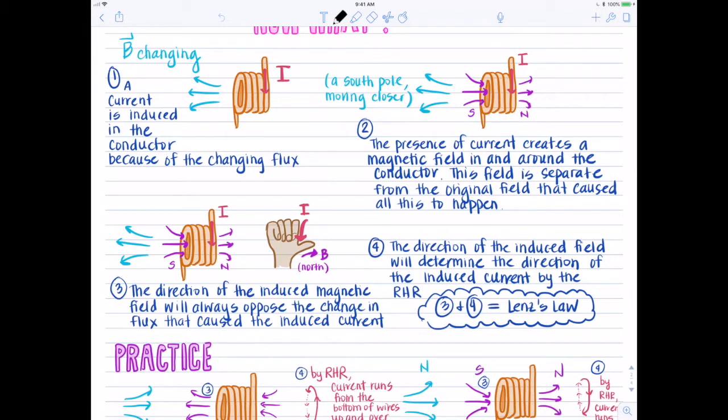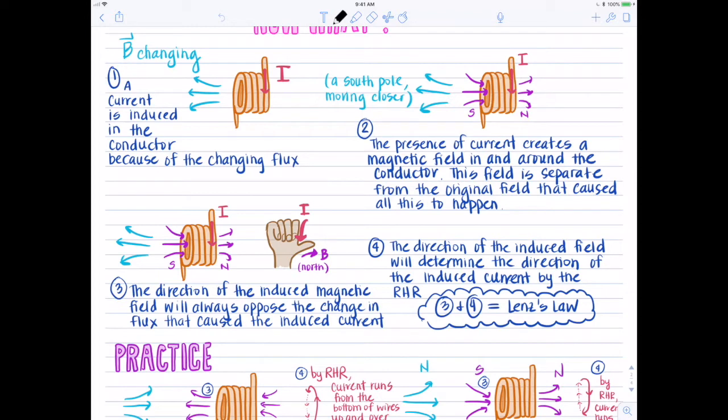Now here in image 3, we've got a new factor added in, which is the right-hand rule. In image 3, we say the direction of the induced magnetic field will always oppose the change in flux that caused the induced current. Before we let that totally confuse us, let's just break that down.